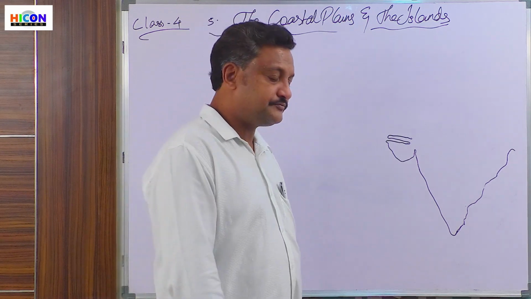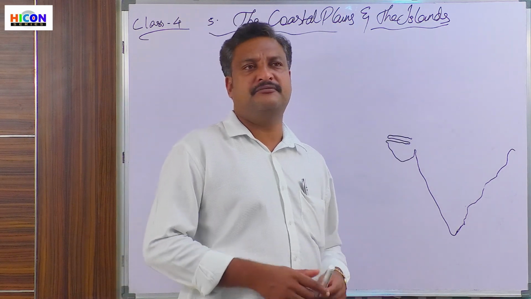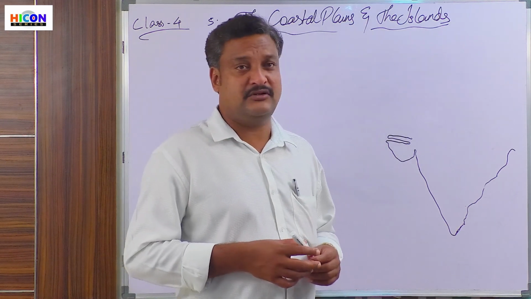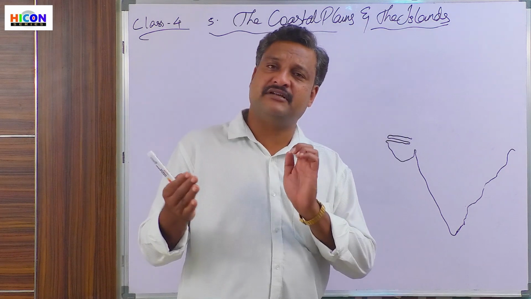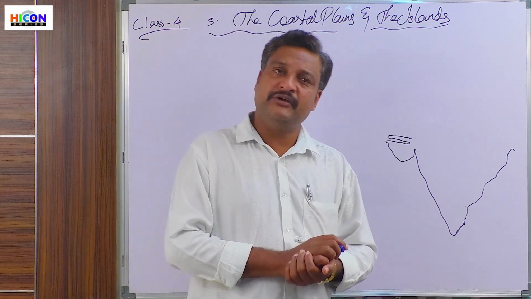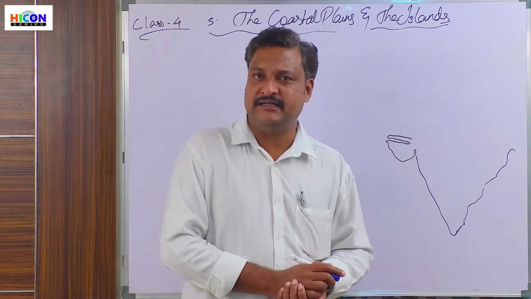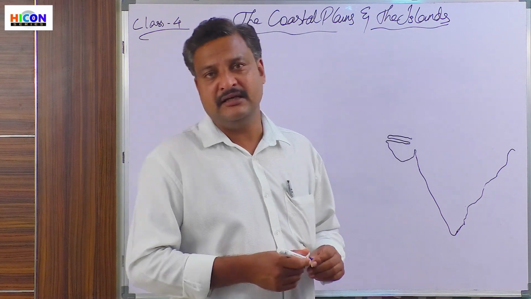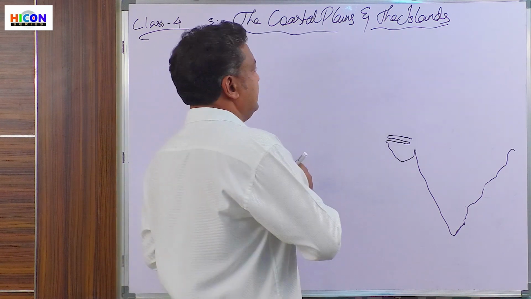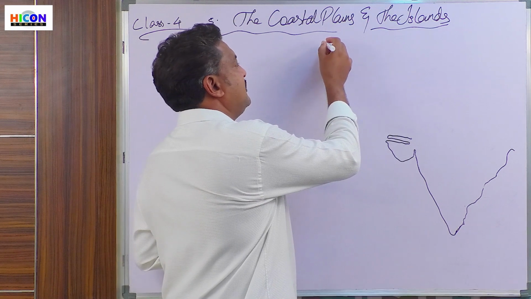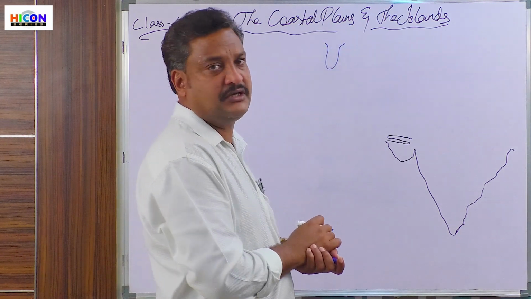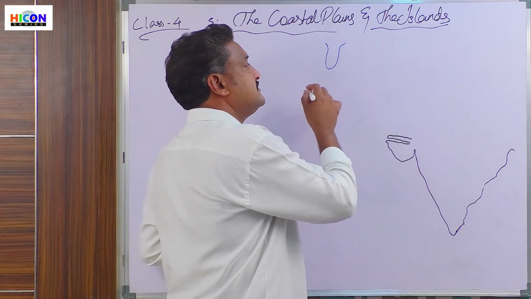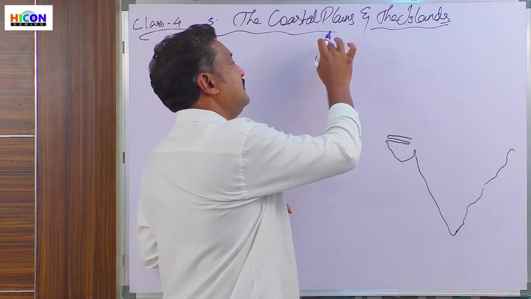You know, India has a very big coastal line. Coastal line means areas which are very close to the sea. We know India is a peninsula. What is a peninsula? A land mass which protrudes into a water body is called a peninsula.